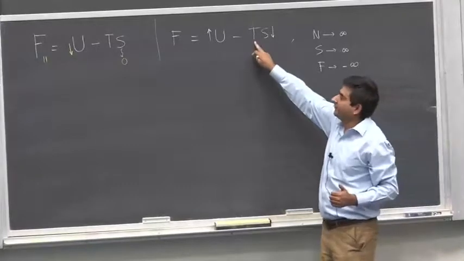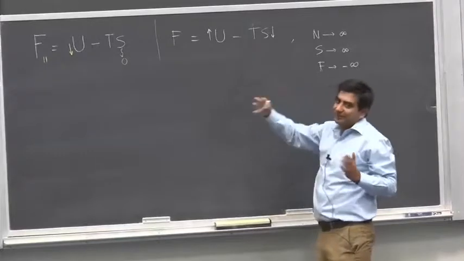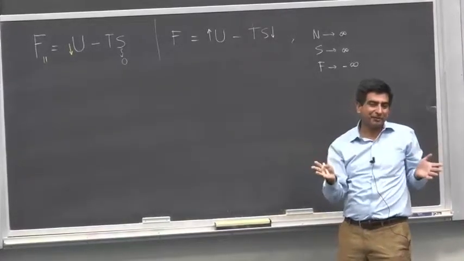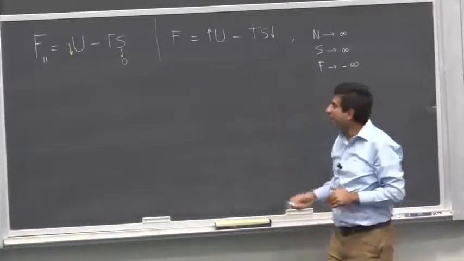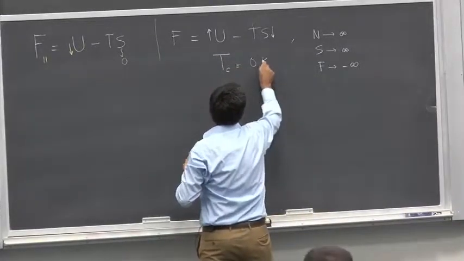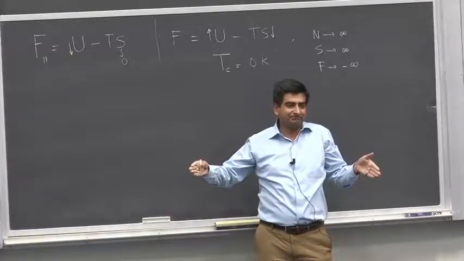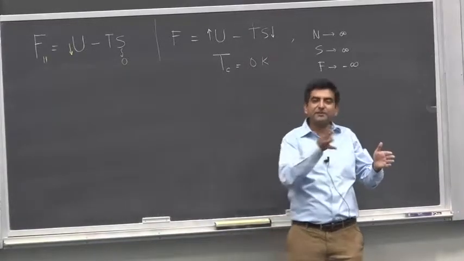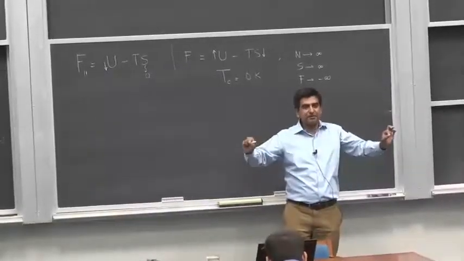Alright, so the only possibility is that ferromagnetism, that is, you can have a no defect state only when the temperature is 0 Kelvin. Because at 0 Kelvin, this entropy doesn't matter. Which means that this kind of interaction predicts a critical temperature of 0 kelvins. And above 0 kelvins, you cannot have a purely ordered state. So you cannot have a saturated ferromagnet in which all the spins are pointing in one direction for an Ising coupled chain.